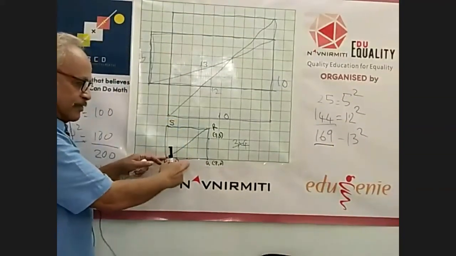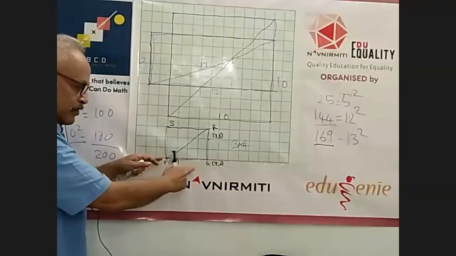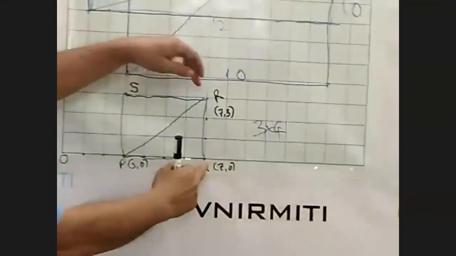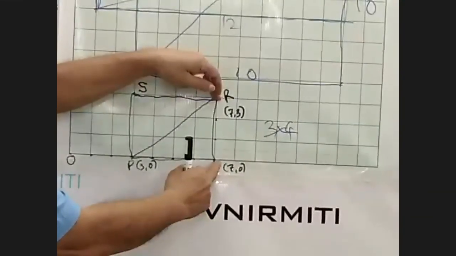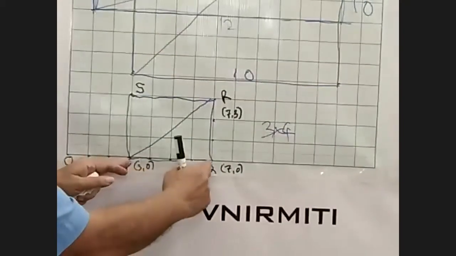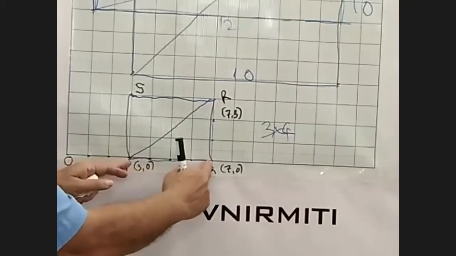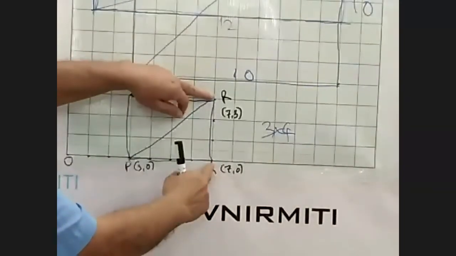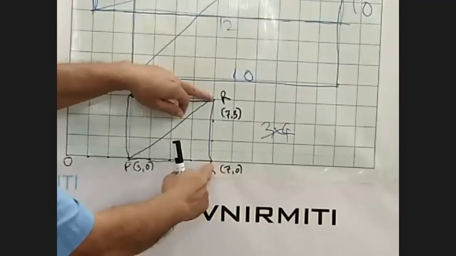Let's take this rectangle here. One side is 4, the other side is 3. Understood, sir. I take the square of this side, that's 16. I take the square of this side, that is 9.